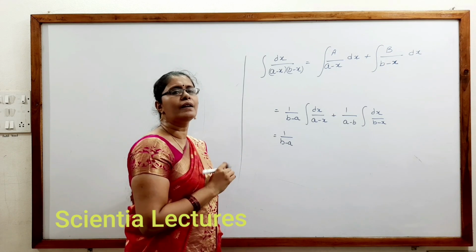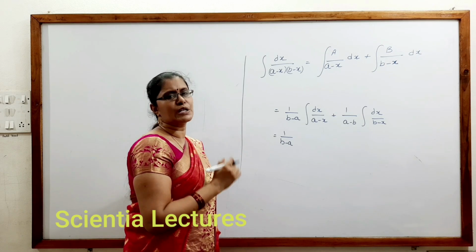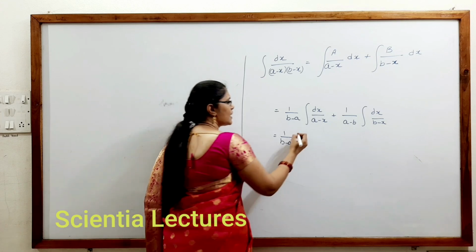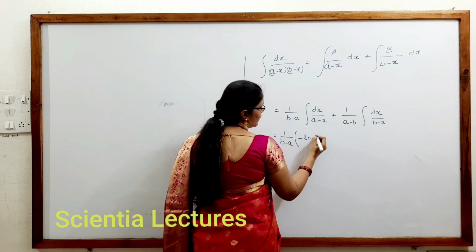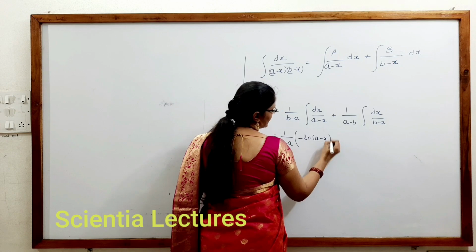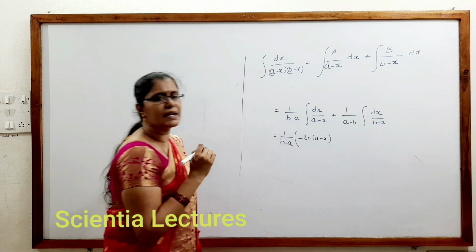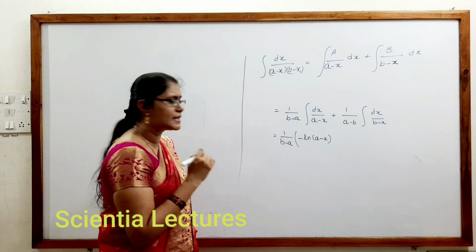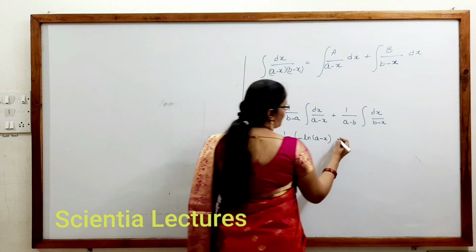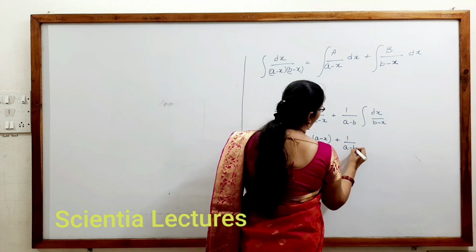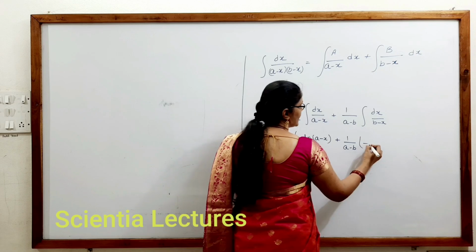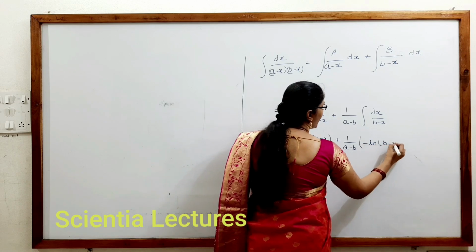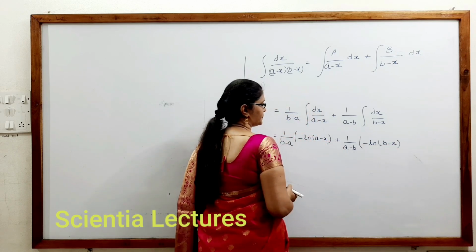Do you remember that? This can be taken as 1 by (b minus a) integral dx by (a minus x). You can check in the first order equation to be derived. This is minus ln of (a minus x), which is nothing but log base e, plus 1 by (a minus b) times minus ln (b minus x) we will get.